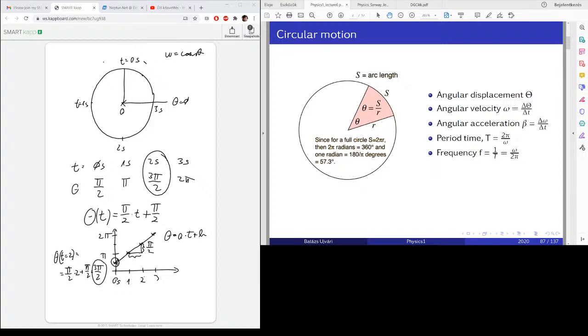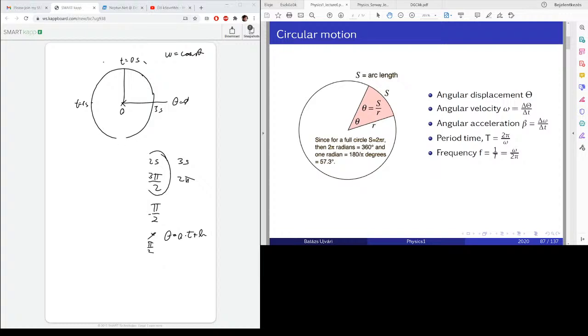Now it's high time for you to solve something. Let's say at t equals 5, I'm here. At t equals 0 seconds, I'm at the origin.